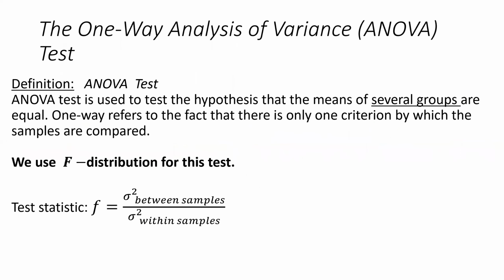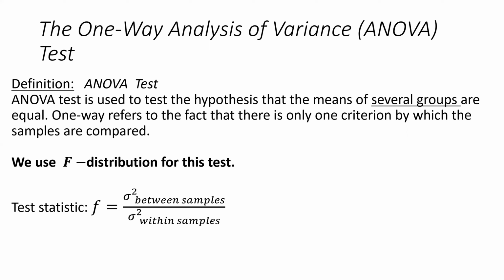So let's talk about this test a little bit. ANOVA test is used to test hypothesis that the means of several groups are equal. So basically, your null hypothesis will always be mean 1 equals mean 2 equals mean 3, and so forth.